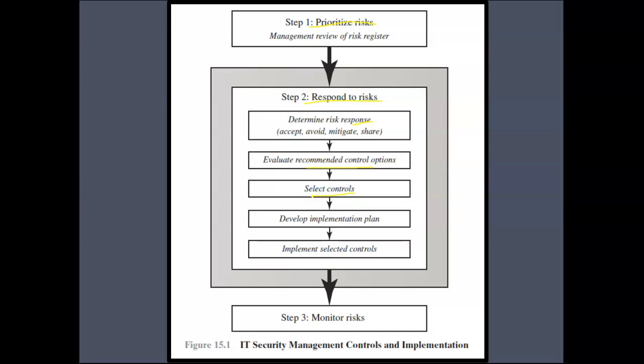Of course, we have many solutions that we can implement, but maybe we don't have the facilities or all the capabilities to implement all of them. So we select some of them, and then we have to develop a plan for how to implement them. And at the end, we have to implement these controls. So this was step 2 of responding to risk.